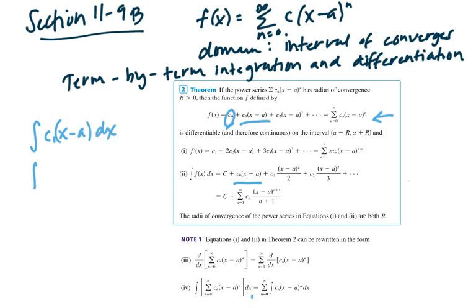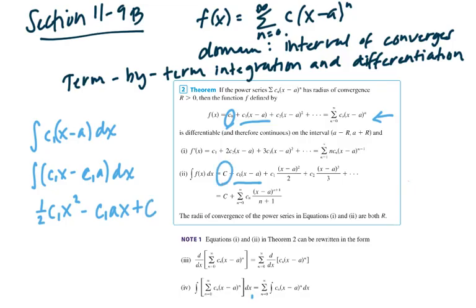So what you really have here is the integral of c1x minus c1a dx. If you integrate that, you get 1/2 c1 x squared minus c1 a x plus some constant. You get that constant on all of them, so that's where that constant comes from. There is some constant at the end.